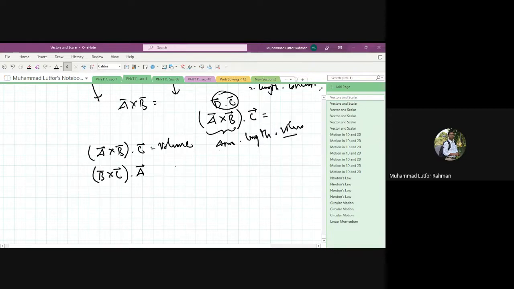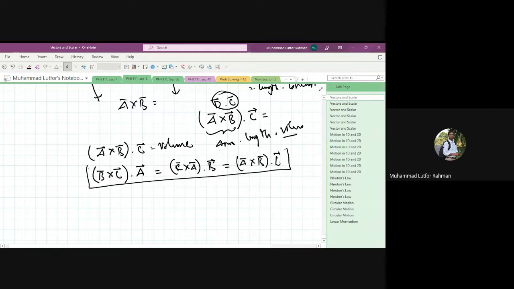Or I can write C cross A dot B. They are all equal. Or you can write A cross B into C. It will be the same because it represents the same thing, the volume of your room.